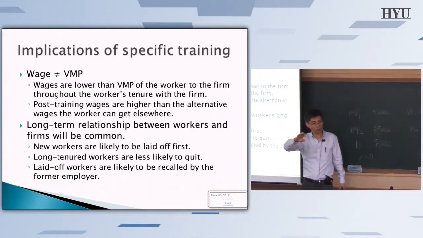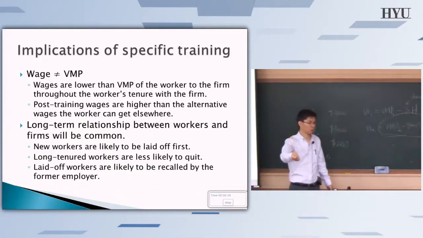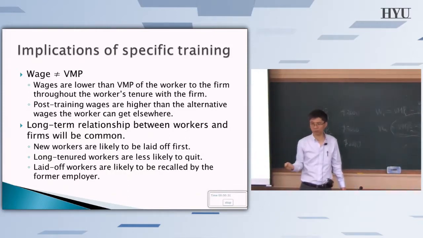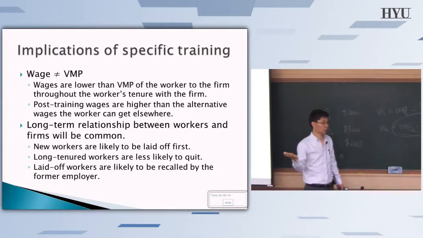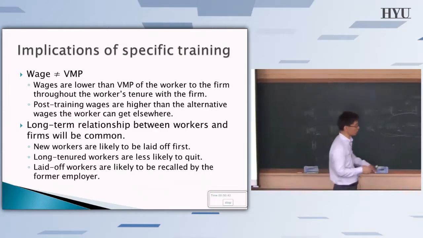Because old workers have accumulated lots of specific human capital. That means the firm is paying less than what these workers are producing. New workers, in contrast, are not that valuable, because they don't have much specific human capital.